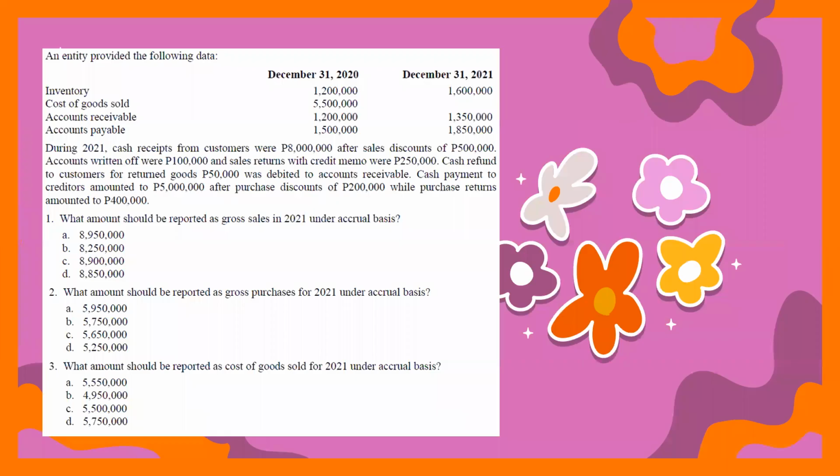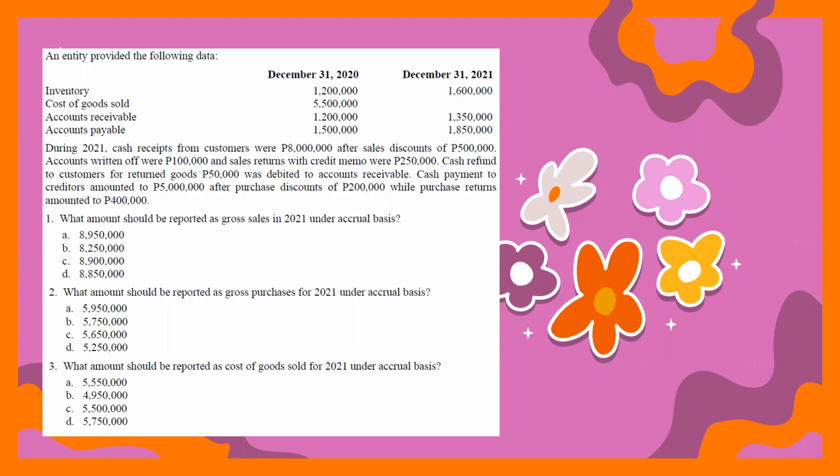So let's have problem number 3. Problem number 3, we are looking into the gross sales for 2021 under accrual basis, gross purchases under accrual basis, and then cost of goods sold for 2021 under the accrual basis. An entity provided the following data.